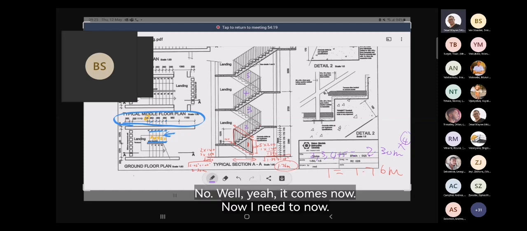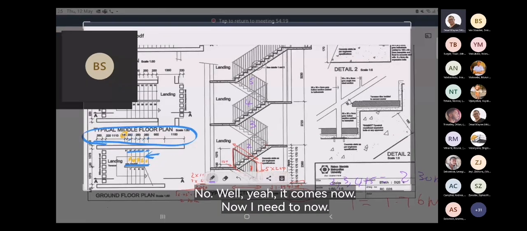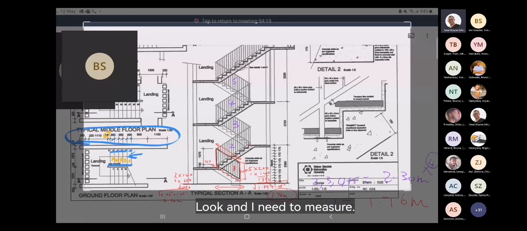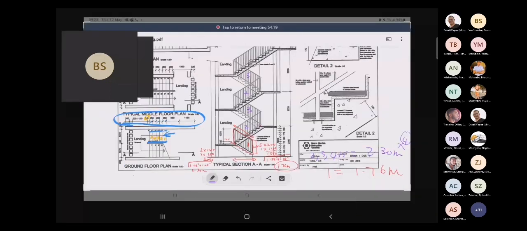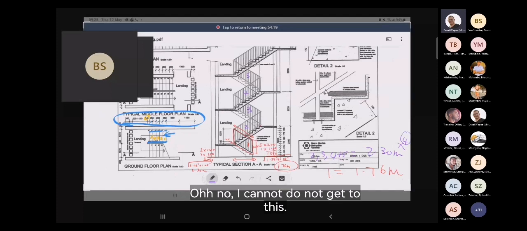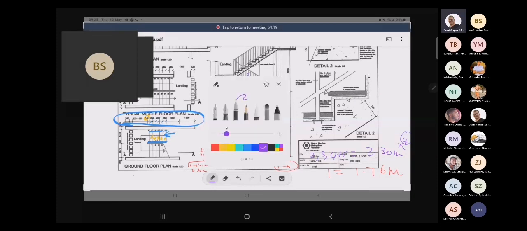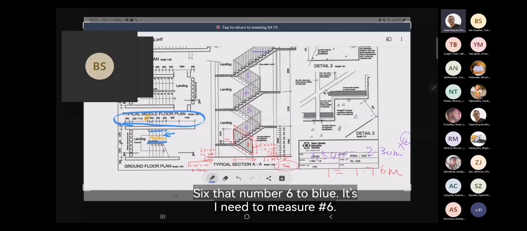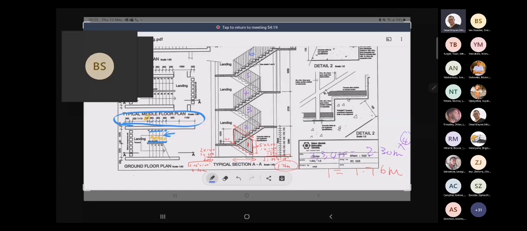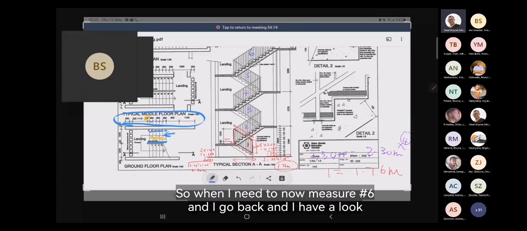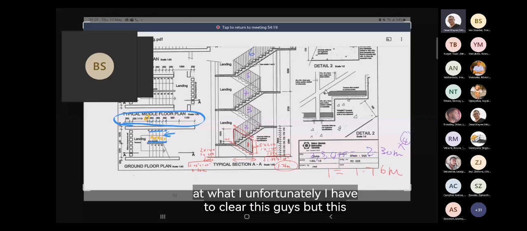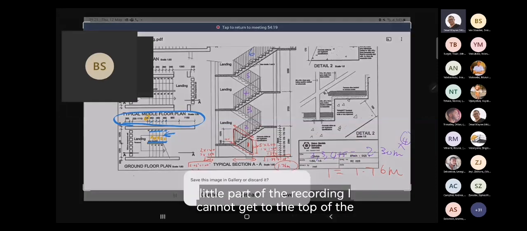Now, oh, here it comes now. Now I need to look and I need to measure. Oh, no, why can I not get to this? And I need to measure number 6, number 6 to blue. I need to measure number 6. So when I need to now measure number 6 and I go back and I have a look at it, I unfortunately have to clear this, guys, but this is a part of the recording and I cannot get to the top of the stage.